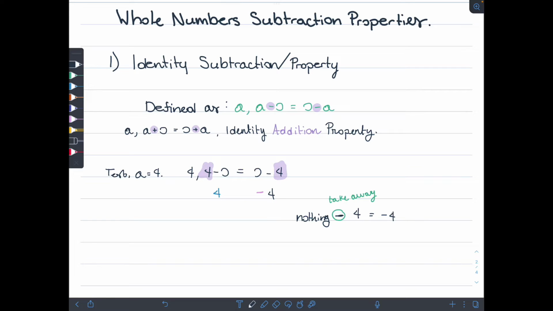Not the greatest, but I hope you understand. Well, let's see. Is 4 the same thing as negative 4? Nope, they are not the same. This 4 is positive and this 4 is negative. Therefore, this property is not true.